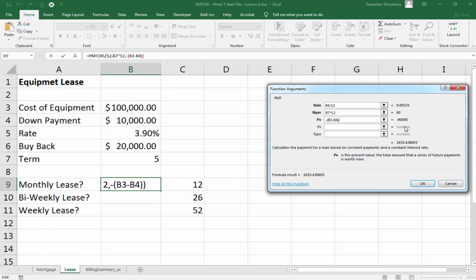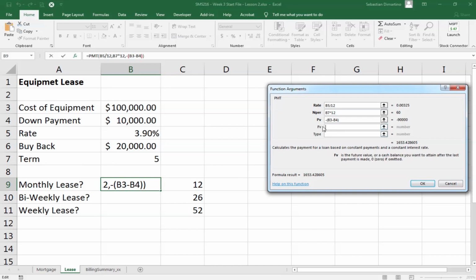And I said when it was strictly a payment, it really wasn't a huge deal because the number was going to end up being the same. But there were applications that supported both. But when you're dealing with a lease, this cannot be a positive number. It must be negative. And so I must stress to you that when doing a lease, ensure that there's a negative PV.